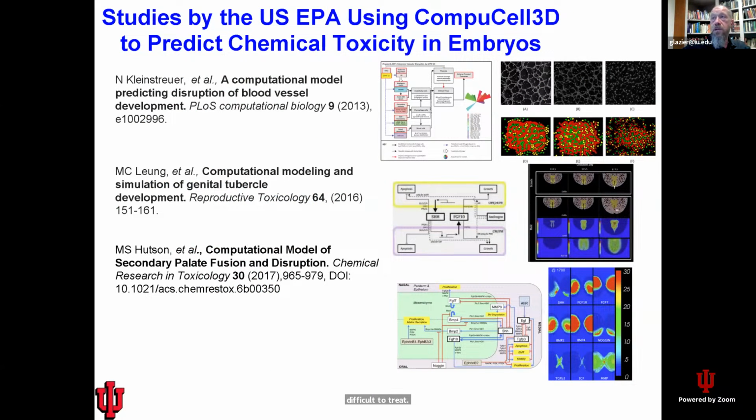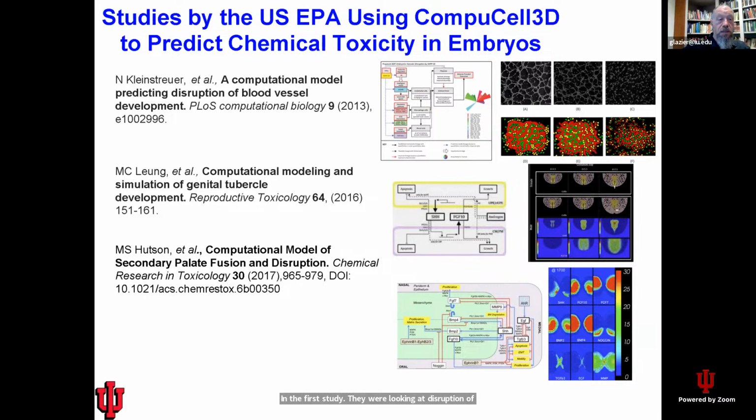This kind of modeling has also been used in a toxicological context. These are studies by the U.S. Environmental Protection Agency, trying to understand how particular chemicals in the environment can lead to disruption of development of embryos. In the first study, they were looking at disruption of blood vessel development in embryology.